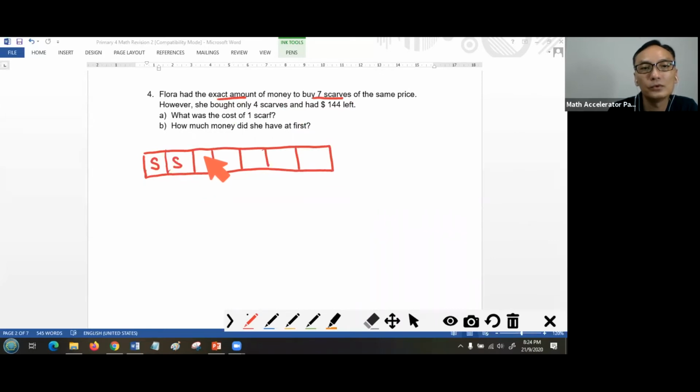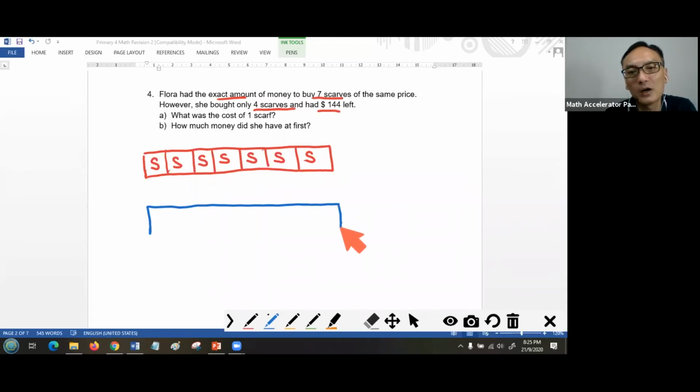1, 2, 3, 4, 5, 6, 7. However, Flora bought only 4 scarves and had $144 left. So now the same model means from this end to the other end. This indicates the amount of money Flora has. Now she changed her mind. She didn't buy 7.